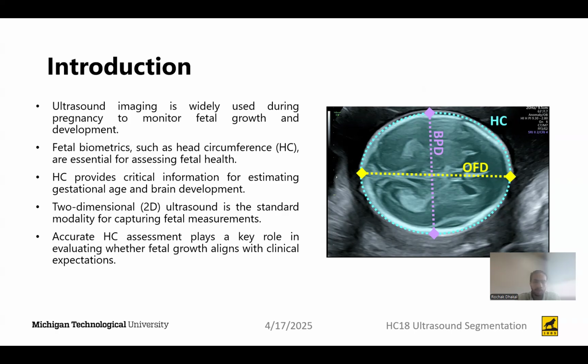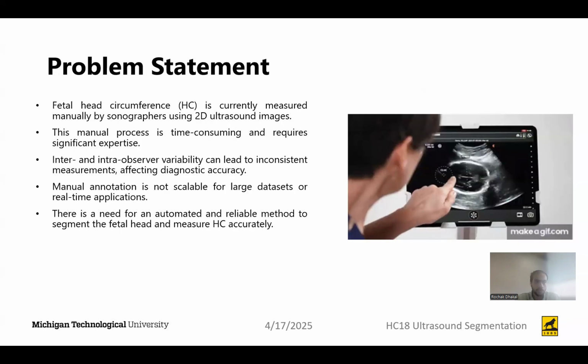Ultrasound, which is 2D, is a standard modality for capturing fetal measurements. So the accurate measurement of the fetal head circumference plays an important role in understanding fetal growth and checking if they are within the clinical expectations or not.